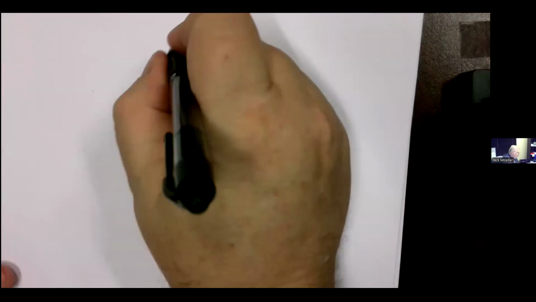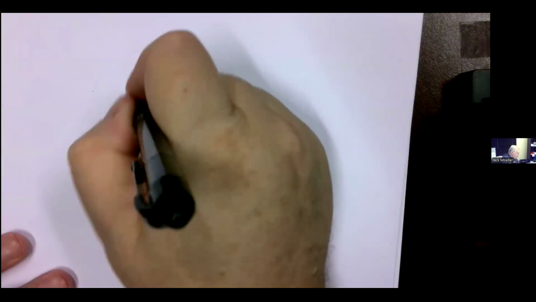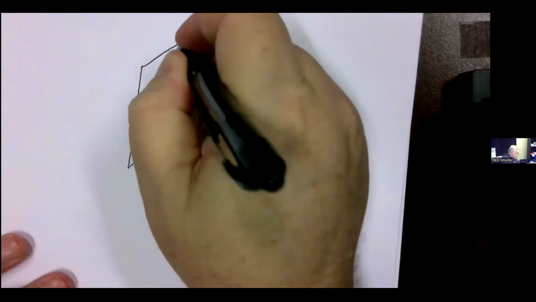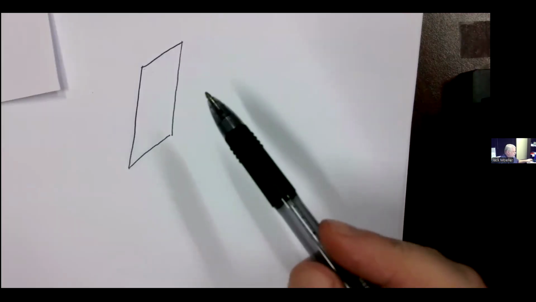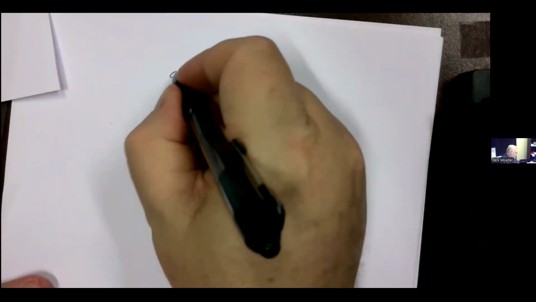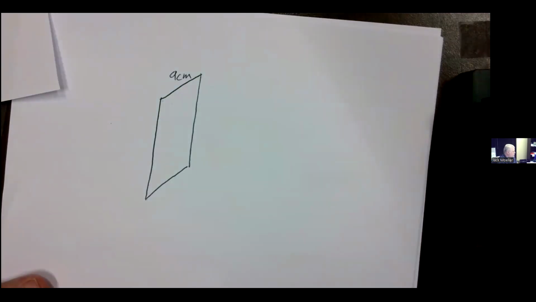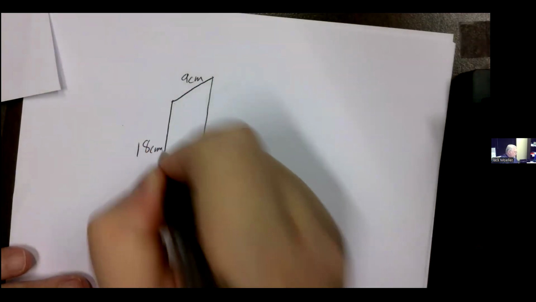So again, this is where I like to redraw these. And I'm going to kind of keep it in the same orientation that I was drawing here. That helps me. And so what do I know? I know that that is 9 centimeters. That was given. Now, what is the vertical height? That is the 18 centimeters.